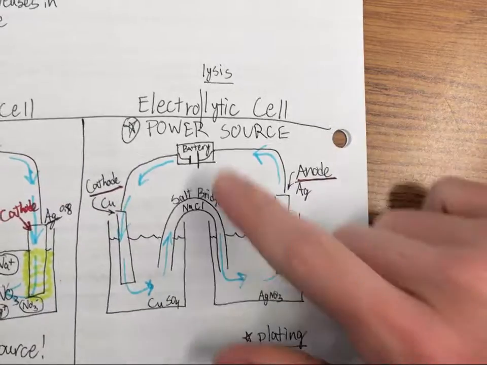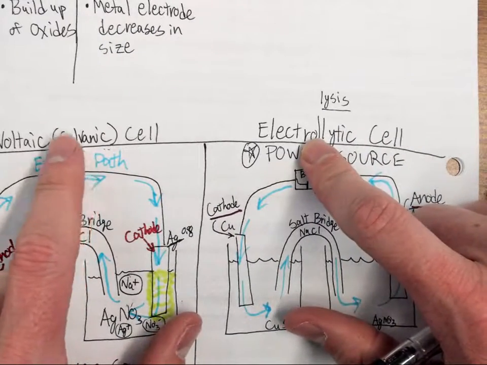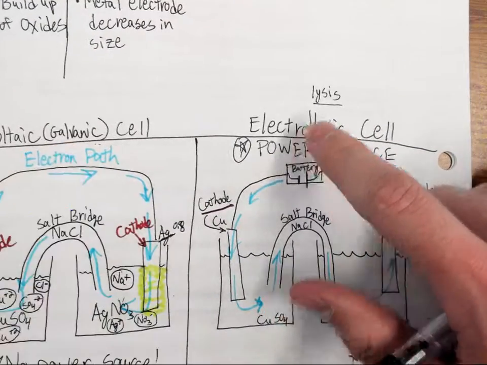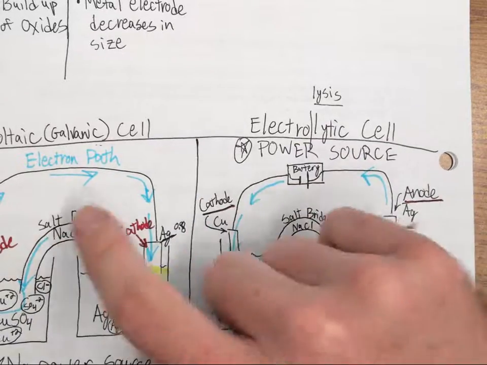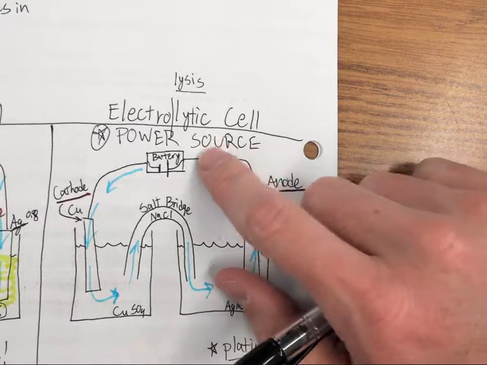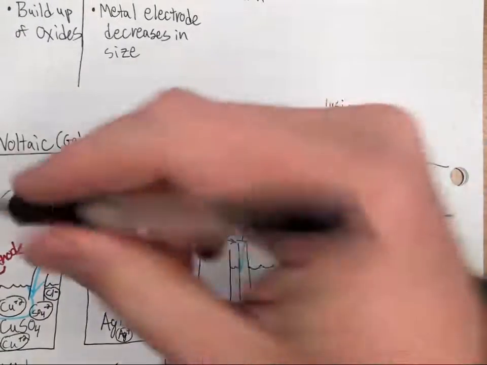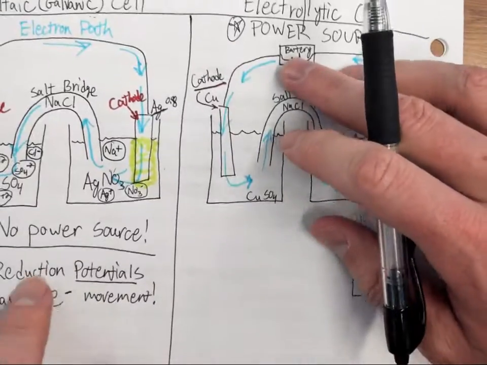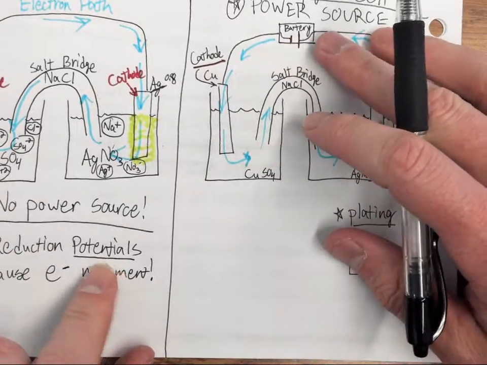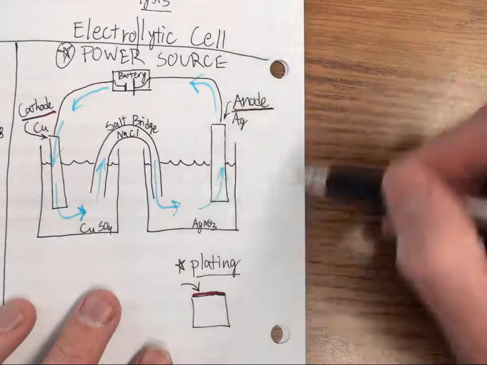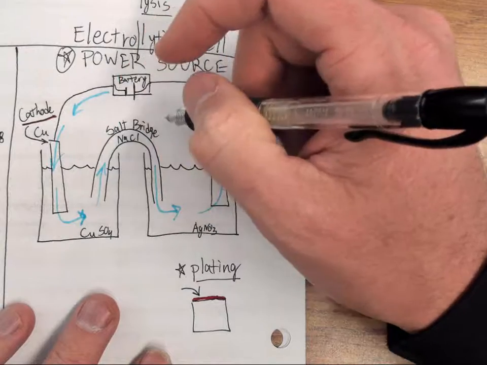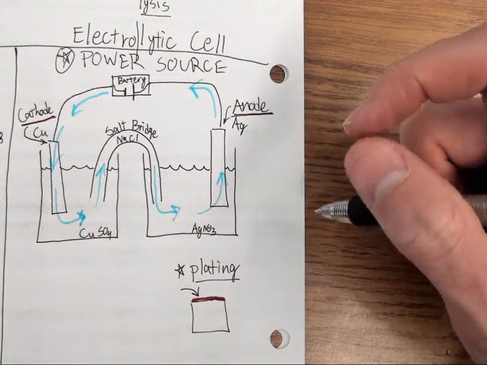That's probably the hardest part about electrolytic versus galvanic cells: realizing that your electron path goes completely different if you add a power source. Why? Because this is the natural order of things, right? Things naturally will do this, because of your reduction potentials. But you can force it to go the other way by including that energy and helping it do that work.